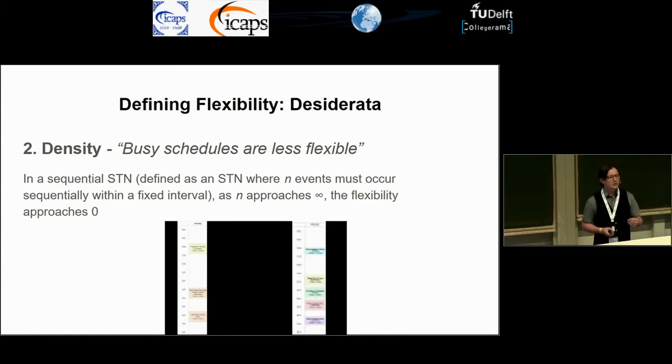To state this formally, we define a sequential STN as an STN that has n events which must occur in some predefined order and must occur within some fixed total interval. And we say that a metric has density if, as the number of events n approaches infinity, the flexibility approaches 0.